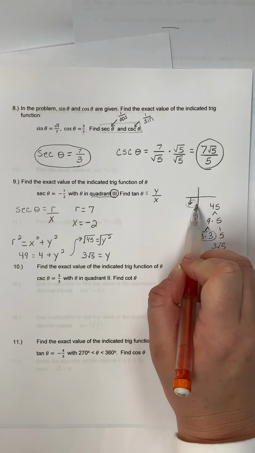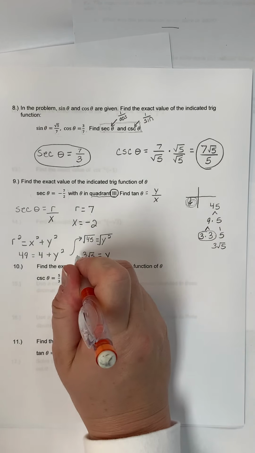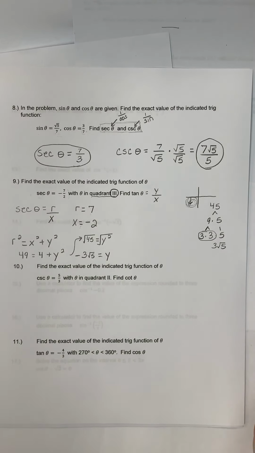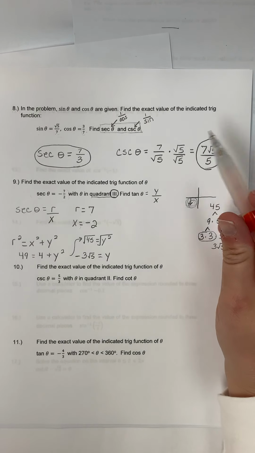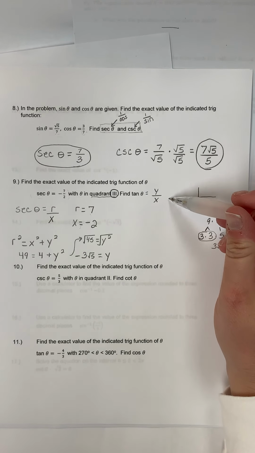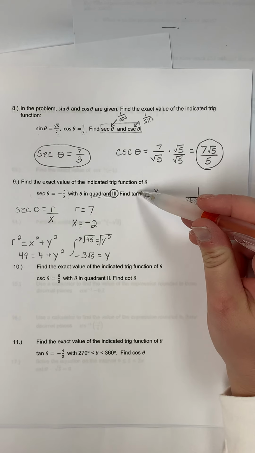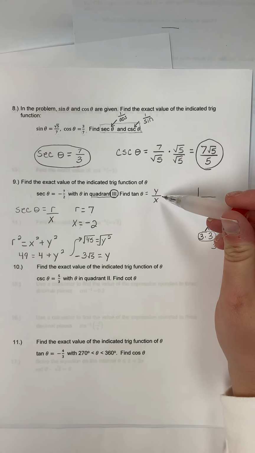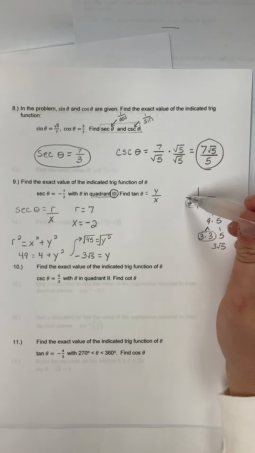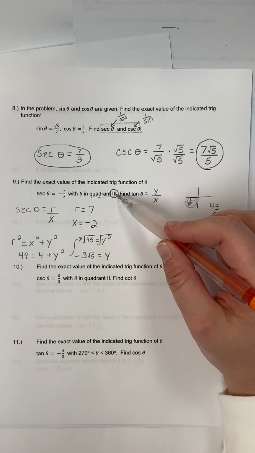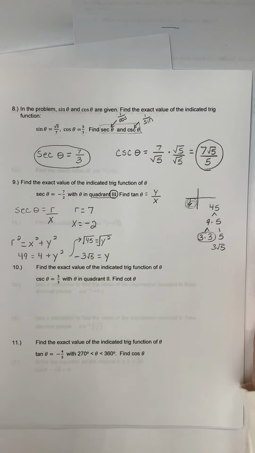Quadrant 3, negative y. That's super important, okay? Because you better believe that on your multiple choice test, it's going to give you the tangent with a positive value and a negative value, and you're going to need to know which is correct. Quadrant 3 means x and y are both negative, okay?